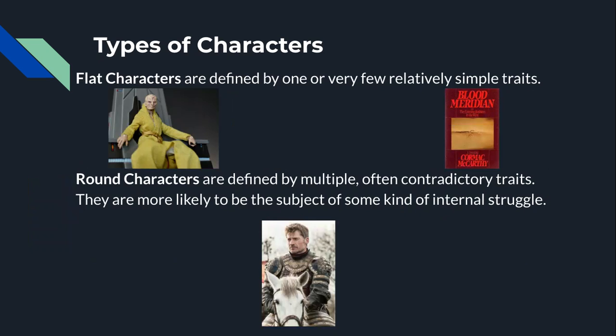So flat characters, we call them flat characters when they're really only defined by one or maybe a few relatively simple and straightforward traits. So, for instance, a lot of times in stories, particularly children's stories, simple stories, especially the villain will just be defined by their evilness or their scariness, right?